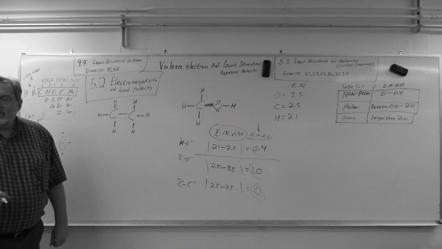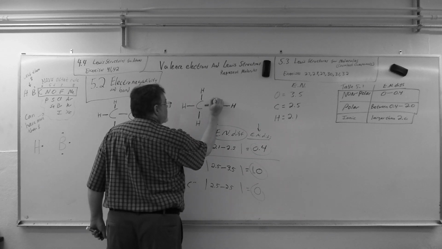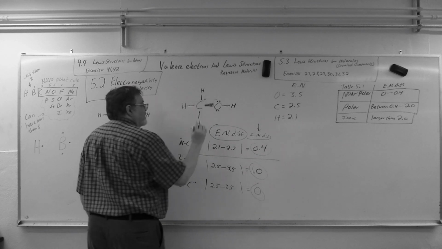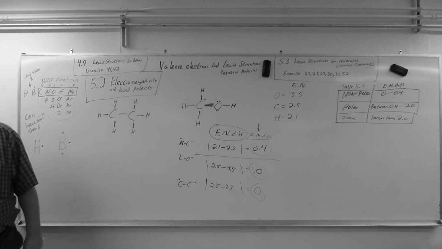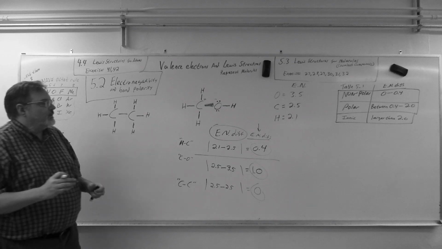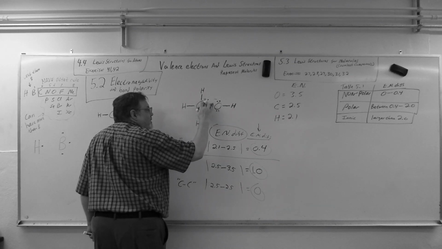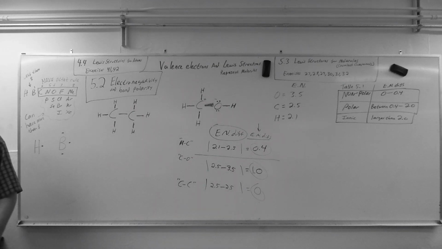If the electrons are being pulled in that direction, what that means is we have a slight negative charge over here and a slight positive charge over here. They're slight, they're not a full charge like we would say an ion is. But it's just a slight bit of negative charge ends up over here around the oxygen, and that forces a slight bit of positive charge to be over here on the left next to the carbon.